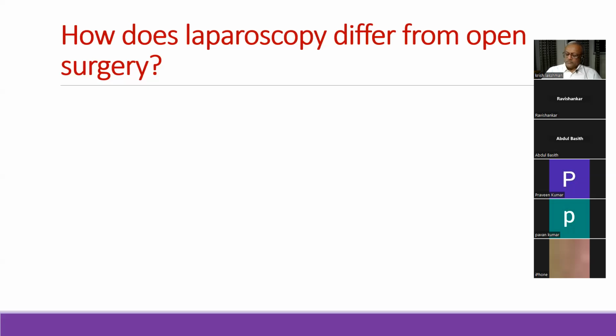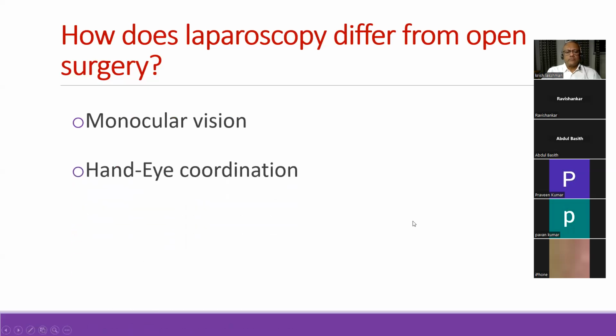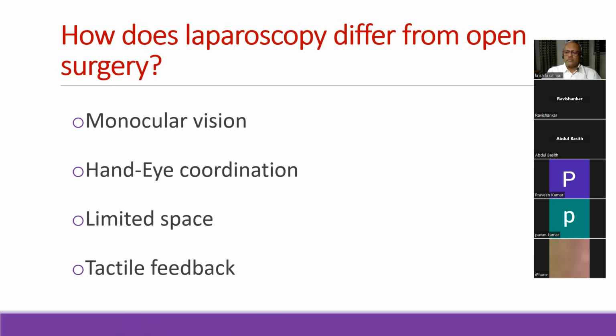All right, Nikita, you want to add anything? Go on, Praveen, if you have any more in the list. There will be limited area to work, sir. Yes, limited space. Very good. Nikita, you want something to add? I think he covered mostly, sir.